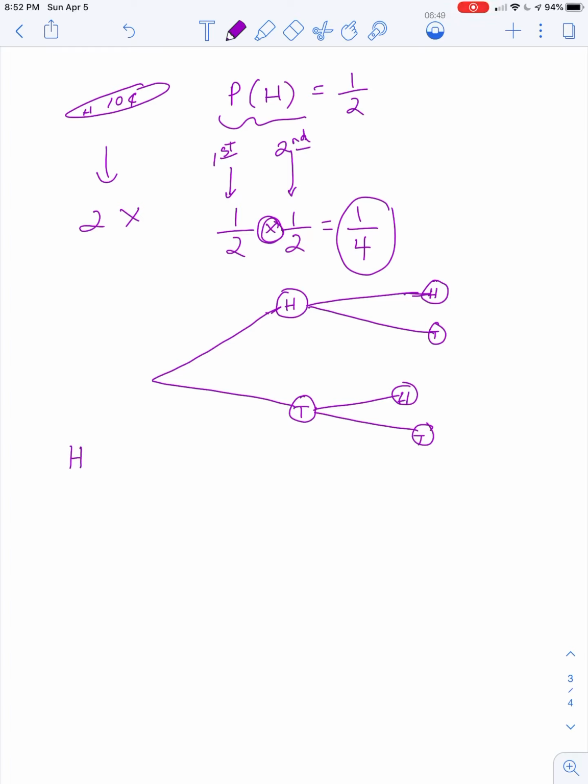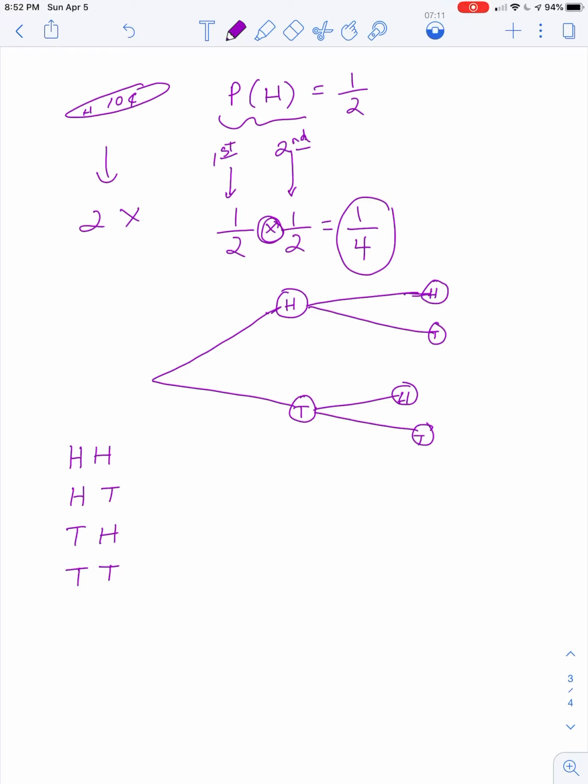So I could have tossed it and got heads on the first toss and heads on the second toss. I could have gotten heads on the first toss and tails on the second toss, or I could have gotten tails on the first toss and heads on the second toss, or I could have gotten tails on the first toss and tails on the second toss. Okay, so there's 4 possibilities here.